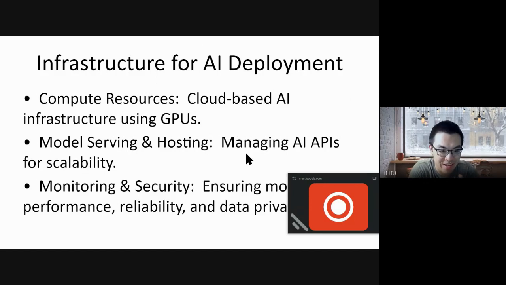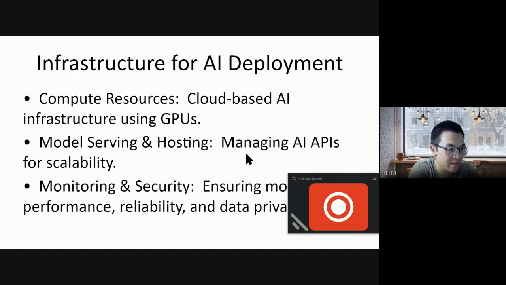So in terms of the infrastructure here, it talks about how, if we need to host the AI models by ourselves, usually it's about the compute resources, lots of GPUs and things like that. So in most use cases, it's actually better to use the APIs instead of hosting the models or software by ourselves, because the technology changes very quickly.